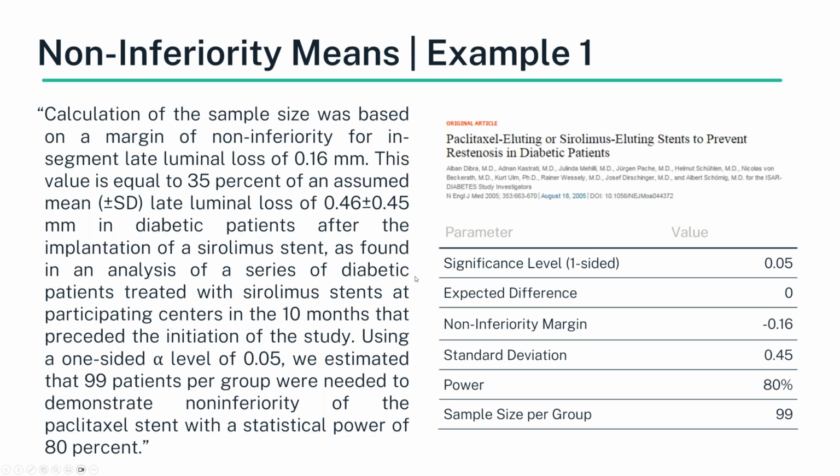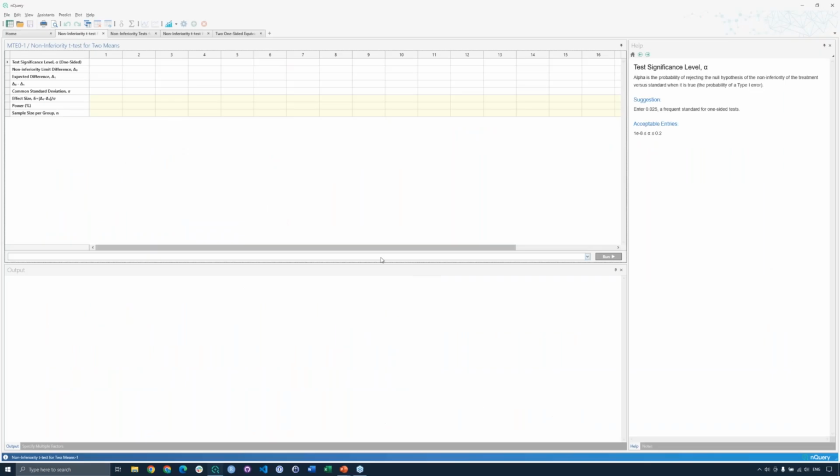With that, we are ready to switch over to nQuery. And we can open up the non-inferiority t-test for two means. Just very quickly, for those of you that may not be as familiar with nQuery, this is how most of the tables in the software will look. On the left-hand side here, you have a row name, and they'll tell you what input is required.